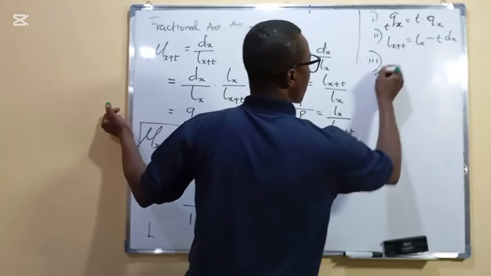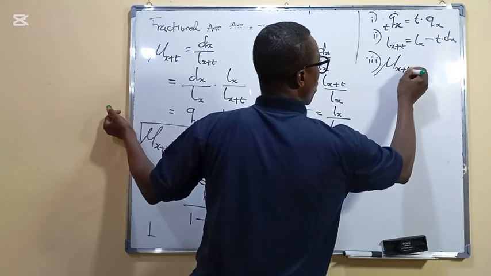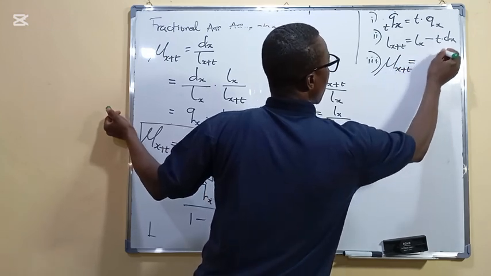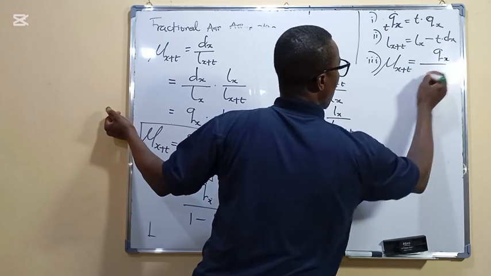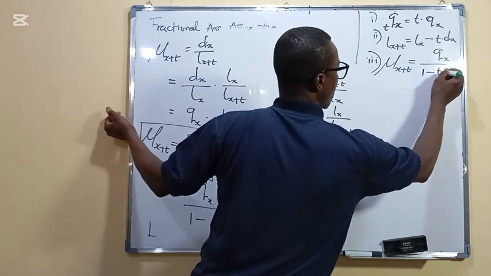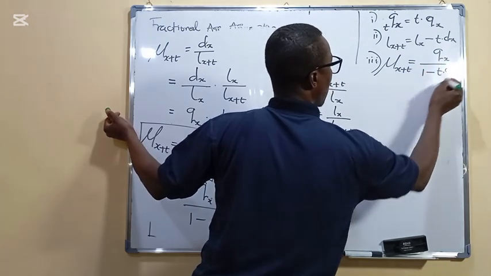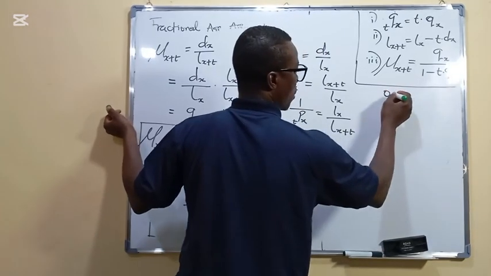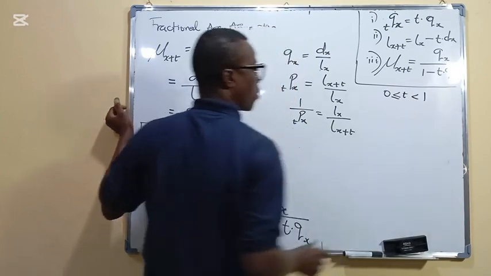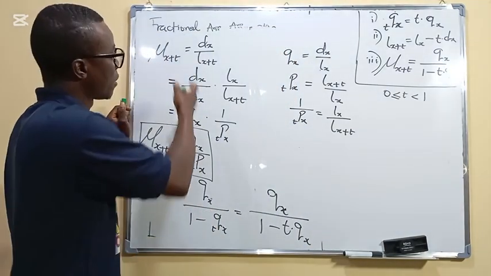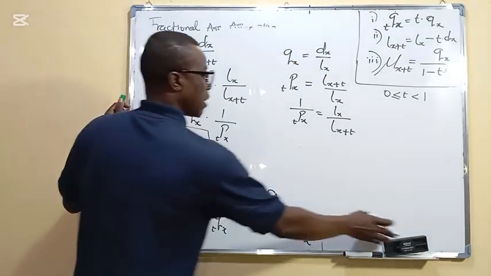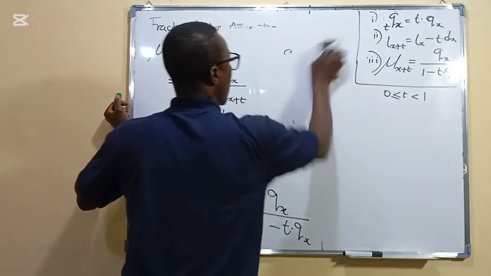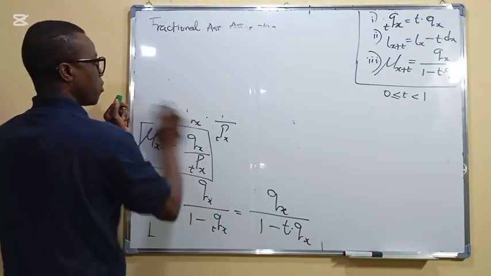So I'm going to put it here by the side: mu x plus t is equal to qx over 1 minus t·qx. Now, don't forget for all of this, t ranges from 0 to 1, and that's for the fractional age assumption.